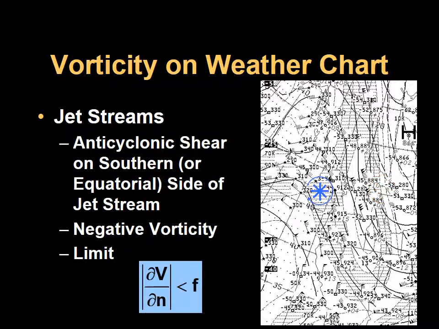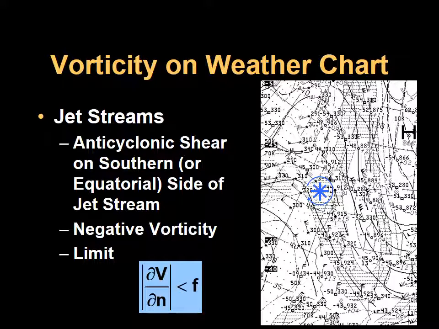On the south side of the jet stream, if you put a paddle wheel in the flow, that paddle wheel will rotate clockwise, which is negative vorticity or anticyclonic shear.